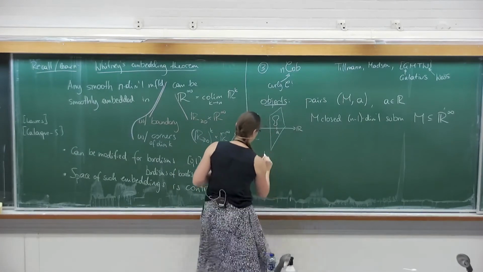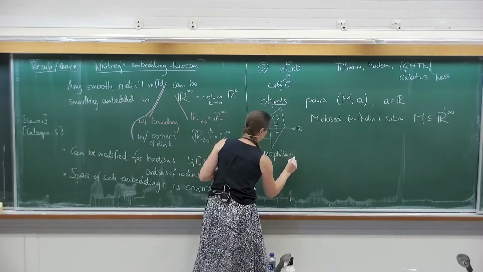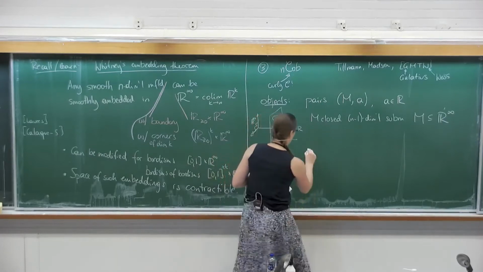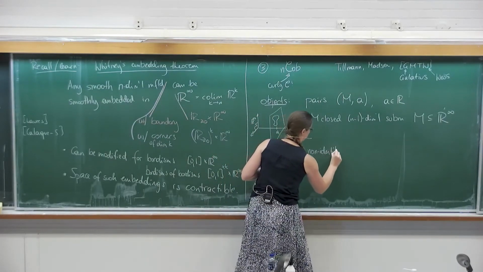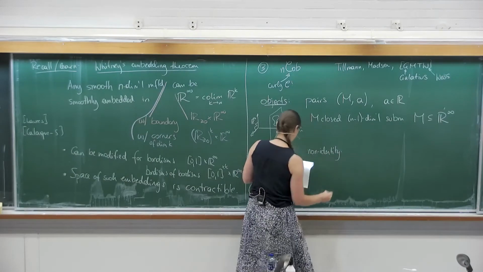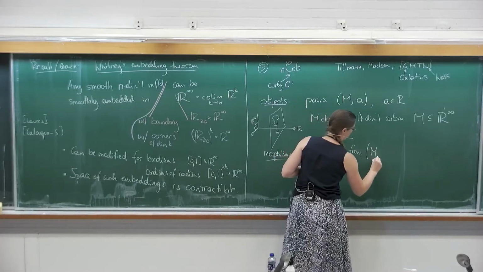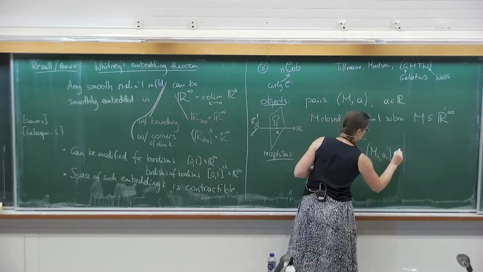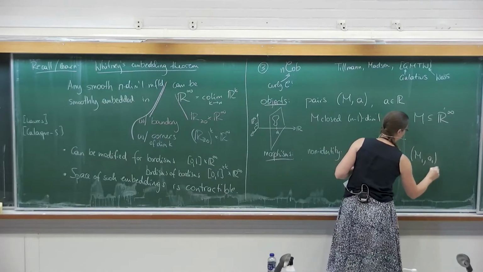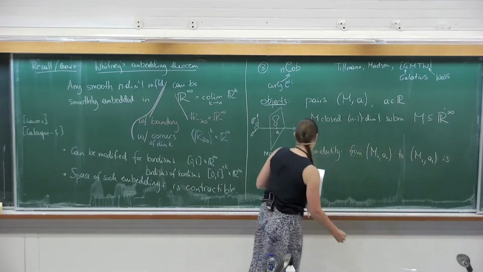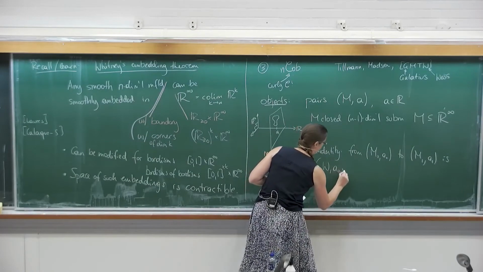And what are morphisms? A non-identity morphism from (M0, a0) to (M1, a1) is a triple (W, a0, a1).